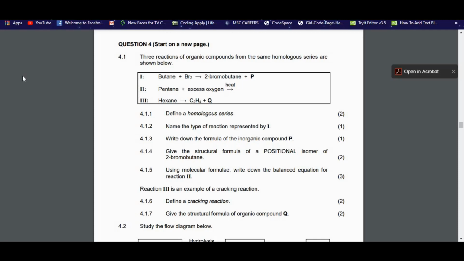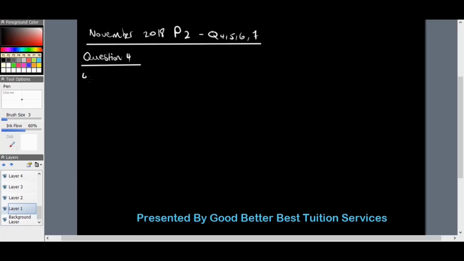So for 4.1.2, we have butane, and we add in bromine, Br2, and we get 2-bromobutane. We also have an unidentified compound that forms as a byproduct. And we want to know the type of reaction. So what is the type of reaction that takes place here?